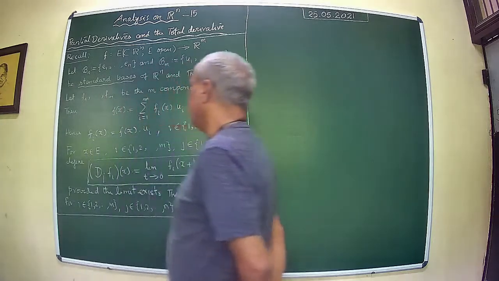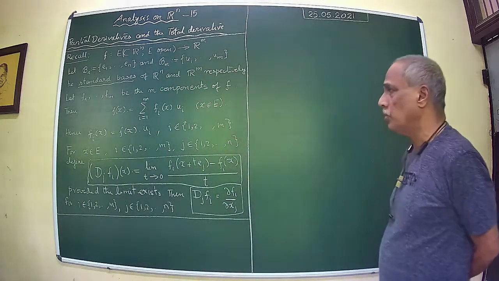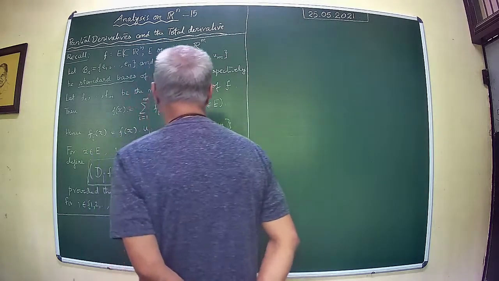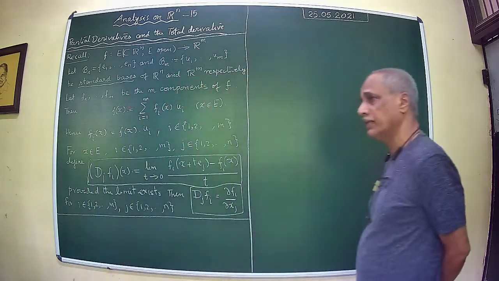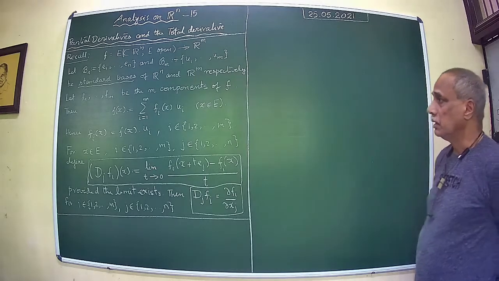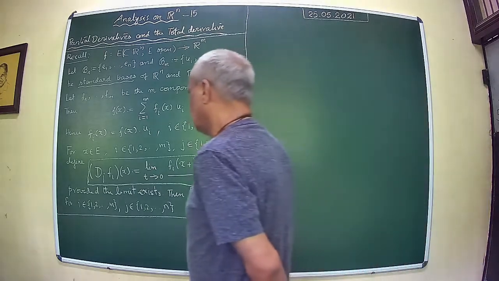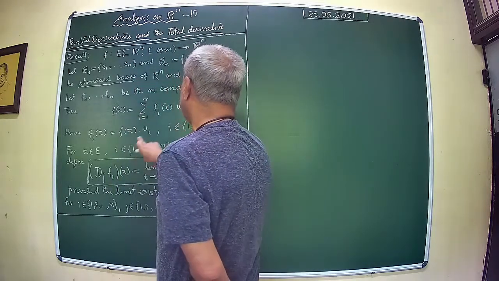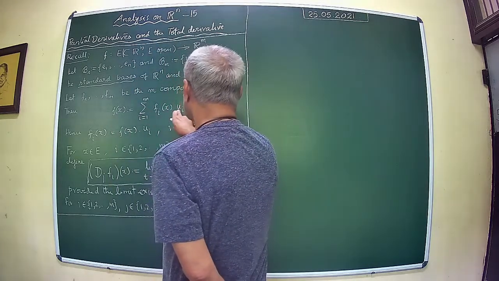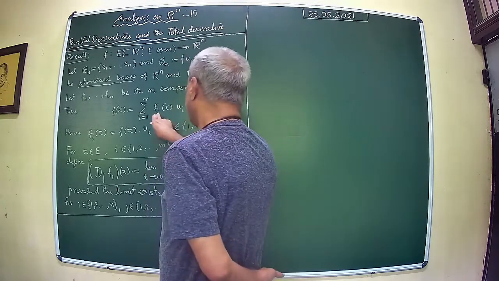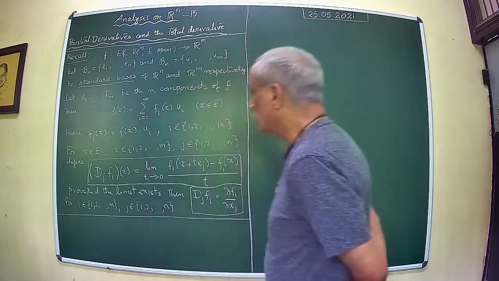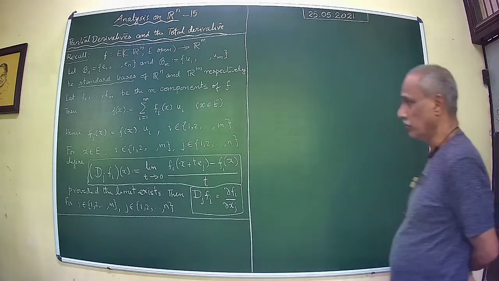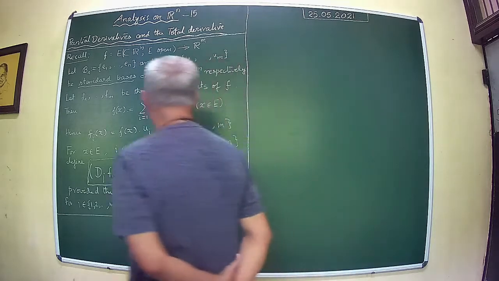We denote by F1, F2, etc., Fm the m components of F, because F is a vector valued map. Therefore, F(x) is equal to the sum over i from 1 to m of Fi(x) Ui, where the Fi's are real valued maps from E to R.